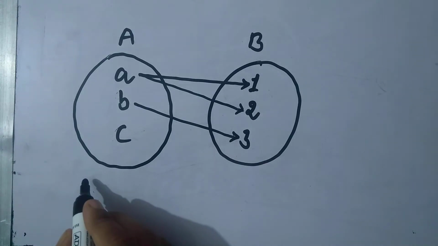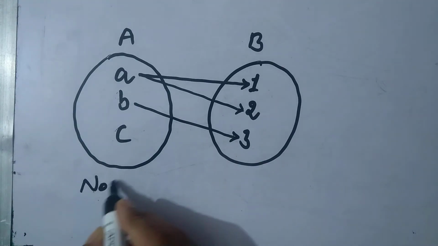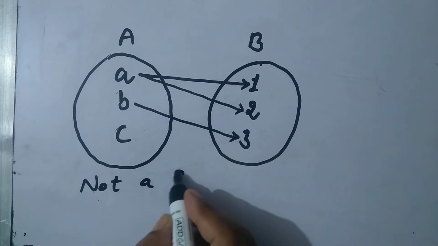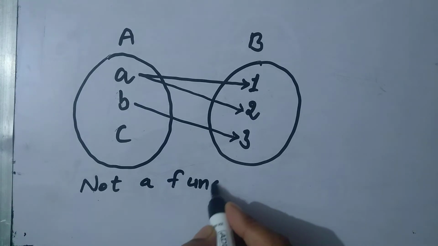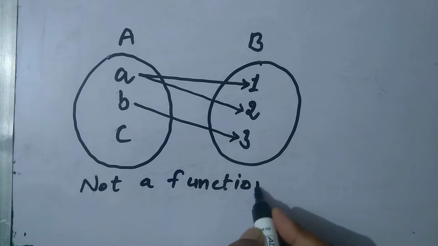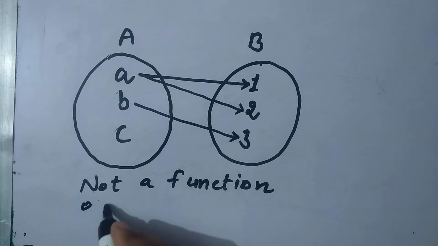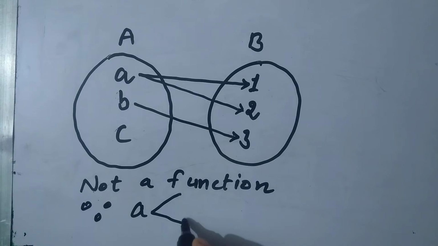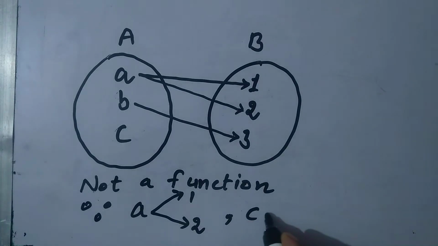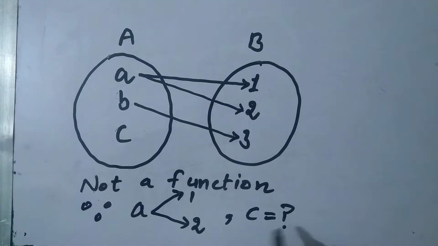So this is not a function. Why? Because A has two images, image 1 as well as 2, and C has no image.